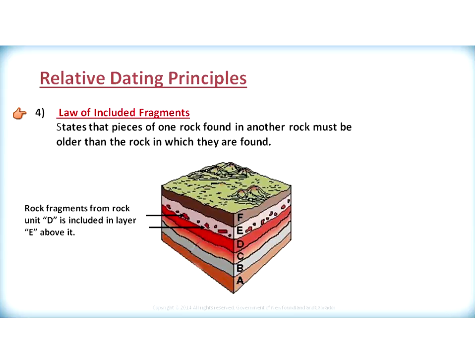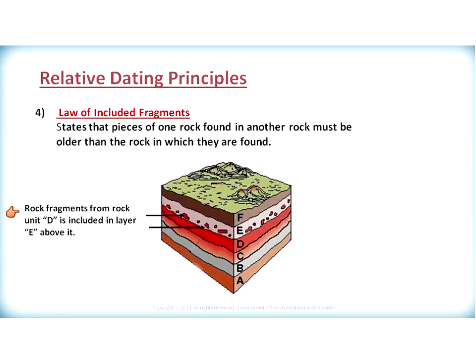Let's look at relative dating principle number 4, the law of included fragments. The law of included fragments states that pieces of one rock found in another must be older than the rock in which they are found. In this case, we see rock fragments from rock unit D are included in the layer E above it.